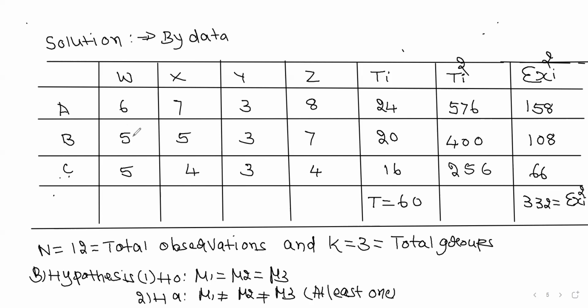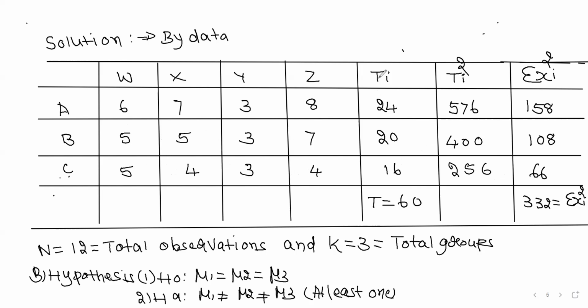Next 5 square plus 5 square plus 3 square plus 7 square, its sum is 108. And next 5 plus 4 plus 3 plus 4, it is 16, and 16 square is 256. Now 5 square plus 4 square plus 3 square plus 4 square, it is 66.